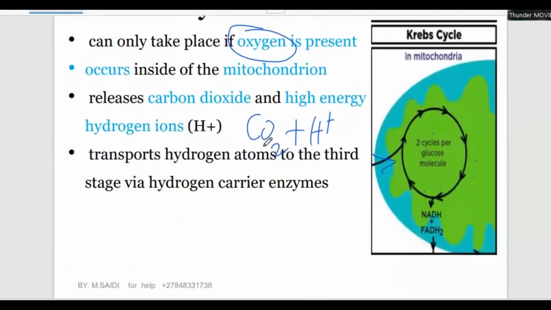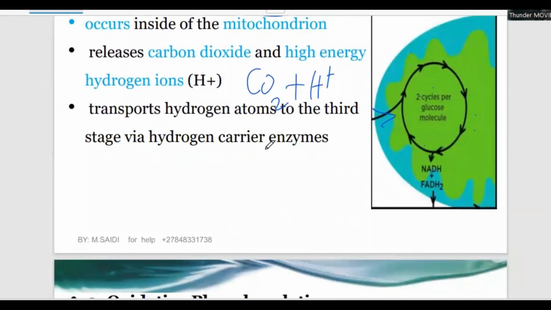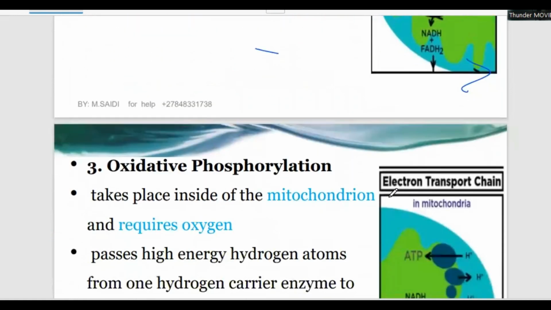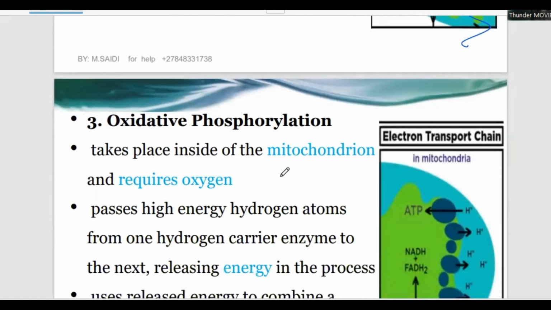So you have to take note of that, meaning that these two are reversible reactions. Now the NADH and the FADH2 enter here. You see them there, entering the oxidative phosphorylation. This makes us go to the oxidative phosphorylation.